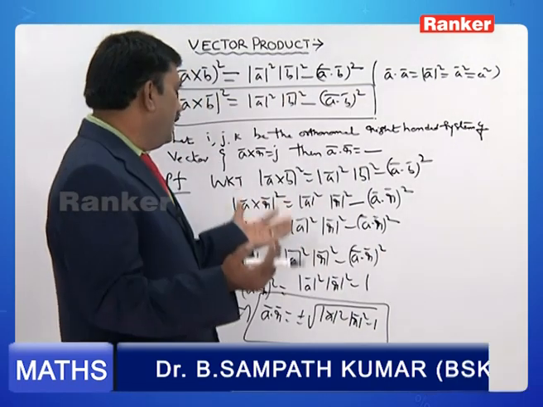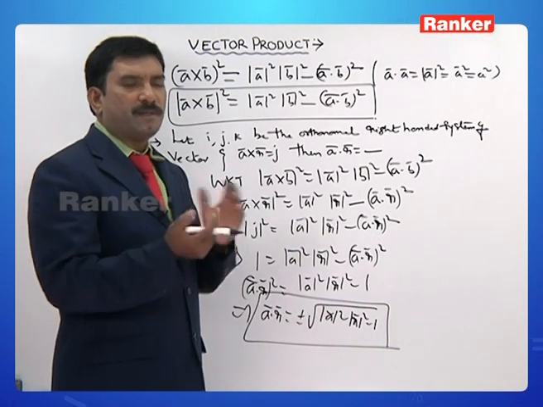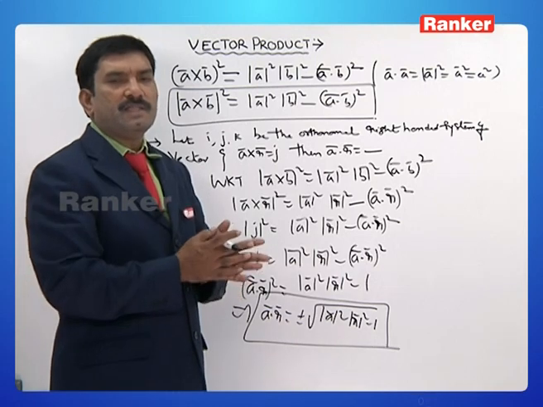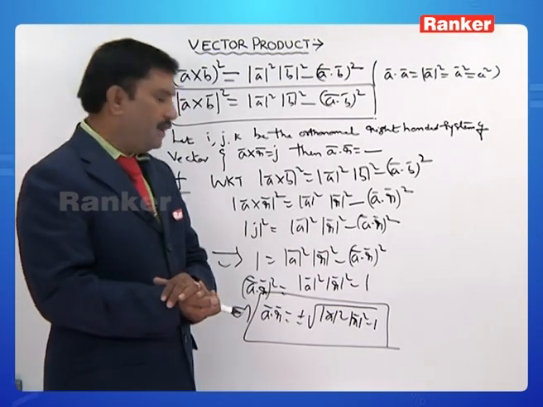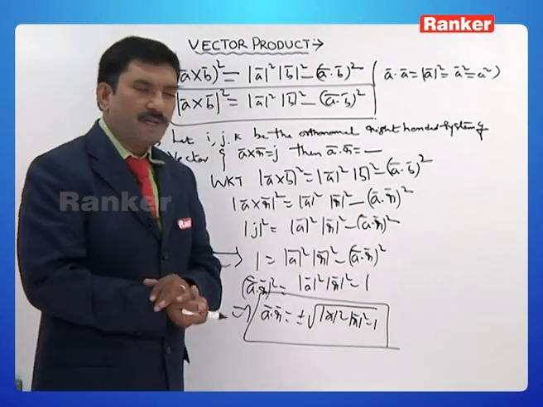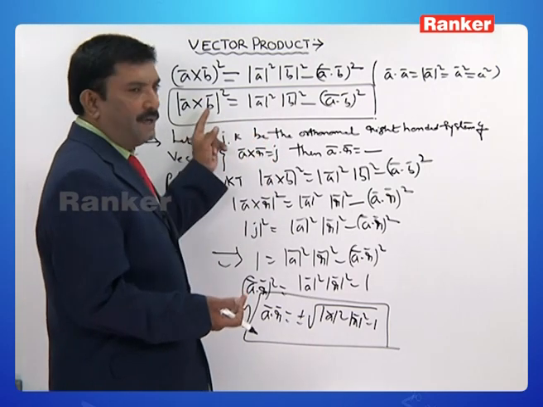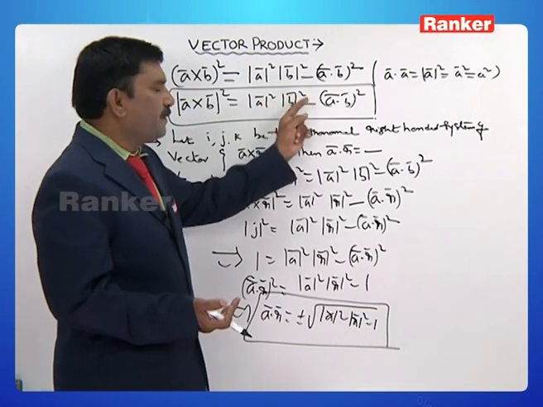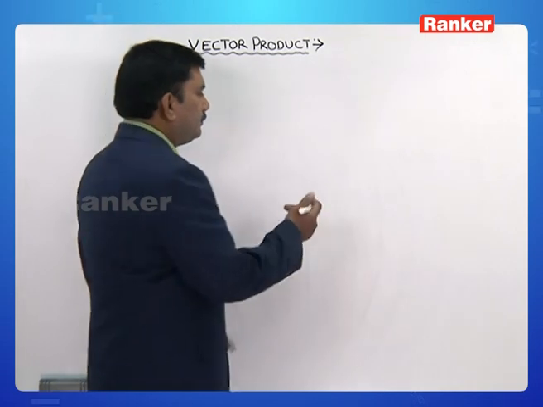You can give any values: if you take the modulus of A as some magnitude, and R bar as some vector in terms of i, j, k, that gives the value of A bar dot R bar, as well as |A|² or |R bar|². This is one of the applications of |A cross B|² equals |A|²|B|² minus (A bar dot B bar)².